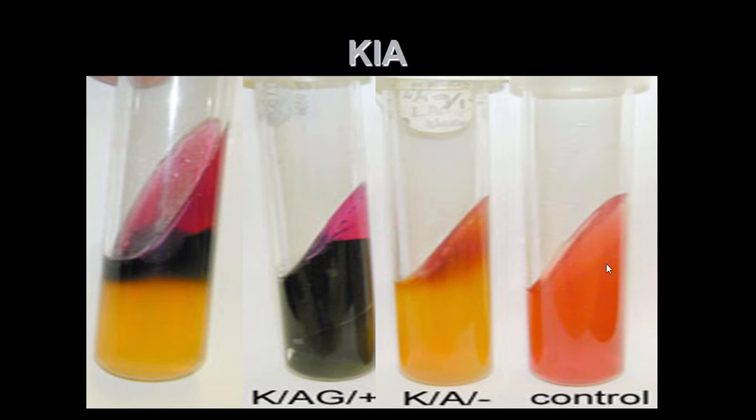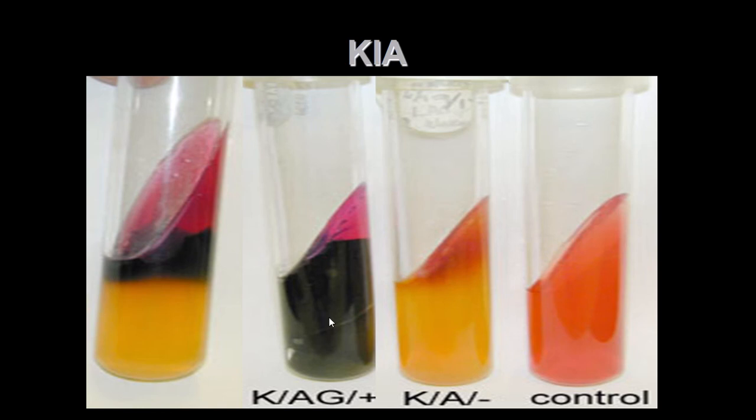And this is a control, for example, to see the original colors. You can see the black color means H2S. Here no black means no H2S. The bottom is yellow, so it's lots of fermentation. Very, very important. And this is the reference tube or the control.